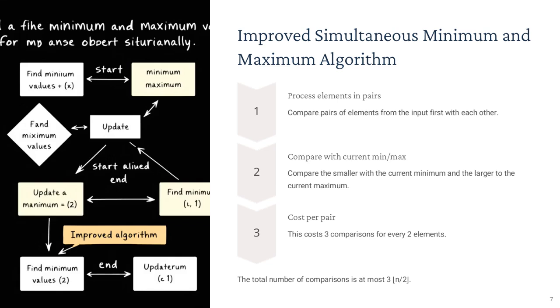If n is even, the total number of comparisons is 3n/2. If n is odd, there is an additional initial comparison for the unpaired element, but the total comparisons remain at most 3 times the floor of n/2. This approach is particularly beneficial for applications requiring simultaneous minimum and maximum calculations.